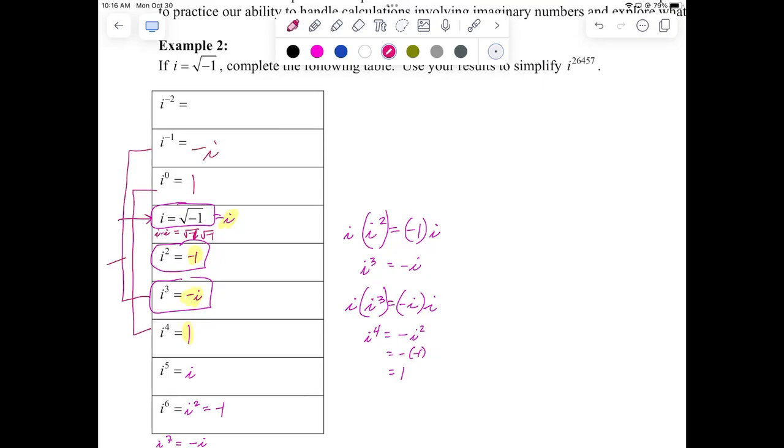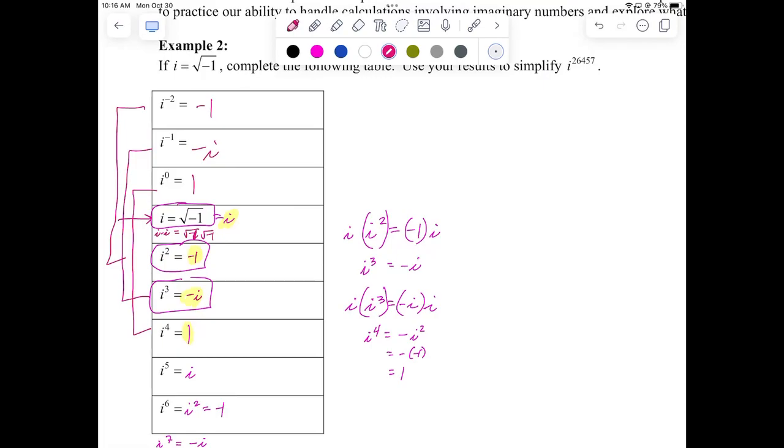What should i to the second, or the negative second be? Should be negative 1. You see how we're just repeating the pattern? We're working the pattern backwards. i to the 4th is 1, that's i to the 0. i cubed should be negative i, which is here. Negative 1. What would i to the negative 3rd be? Should be i again, right?